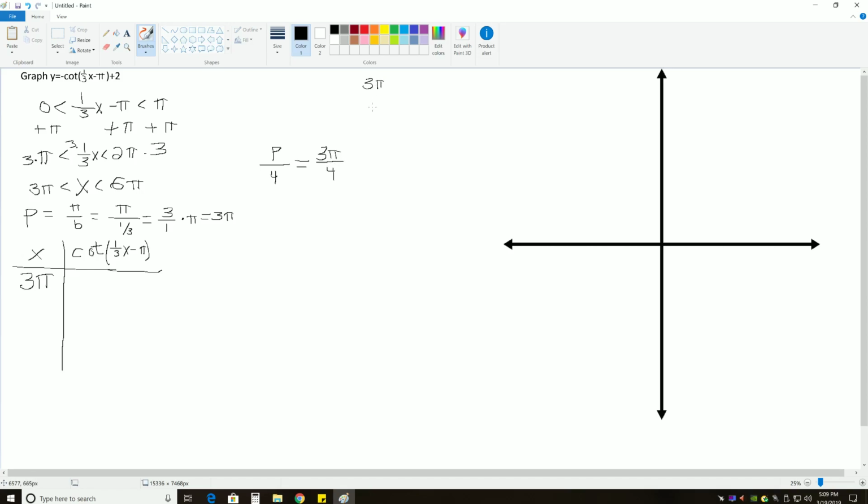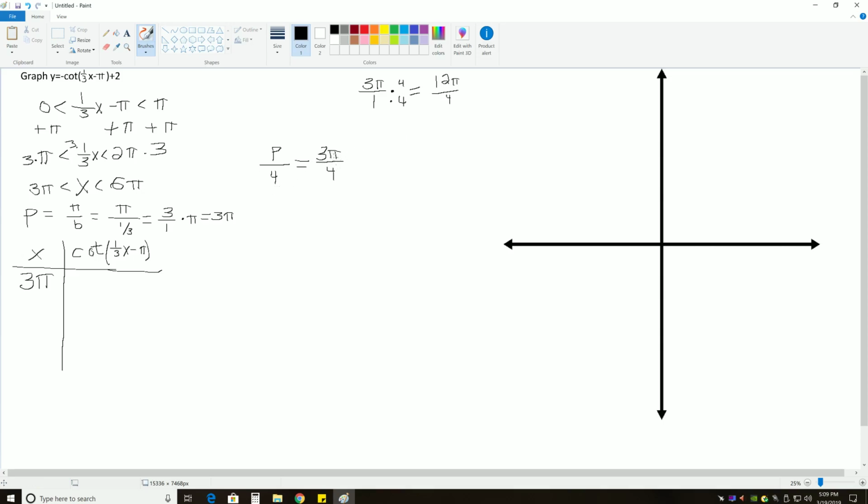This way we can simplify it. So 3 pi is the same thing as 3 pi over 1. And now I'm going to multiply it by 4 to the top and multiply it by 4 to the bottom, which gives us 12 pi over 4.